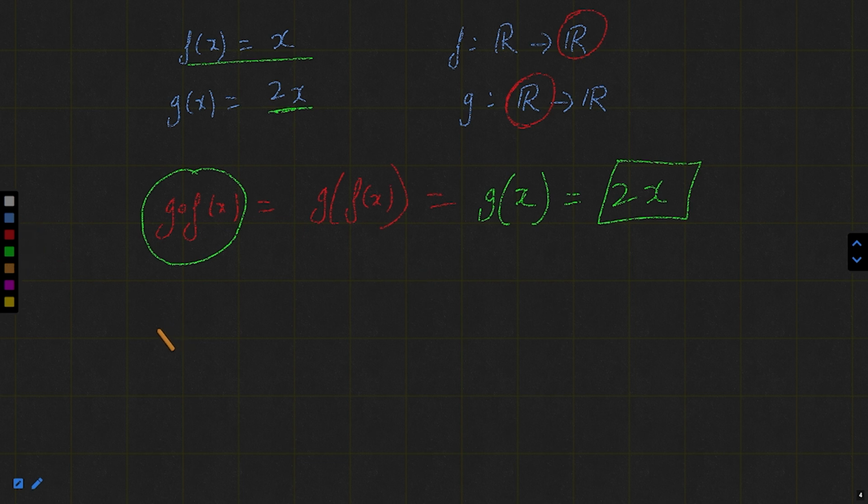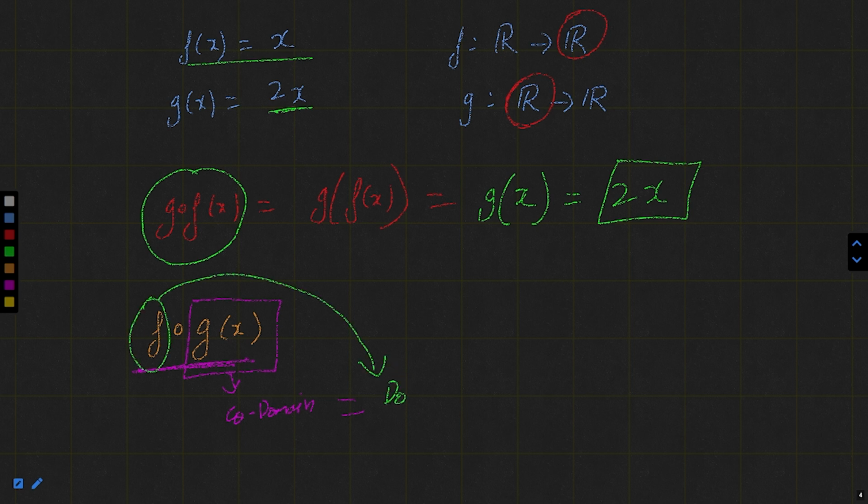What about if I say, can you find f of g of x? Let's try. First of all, let's see, can we do it or not? In order to do composition of two functions, the codomain of this function must be equal to the domain of this function, the domain of f and the codomain of g. This happens every time.